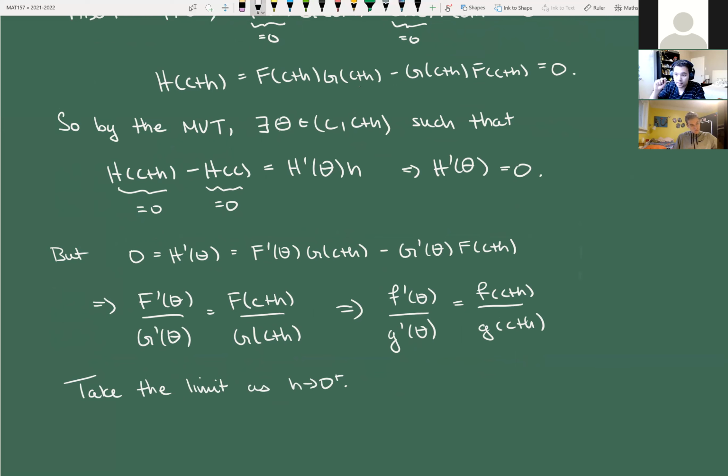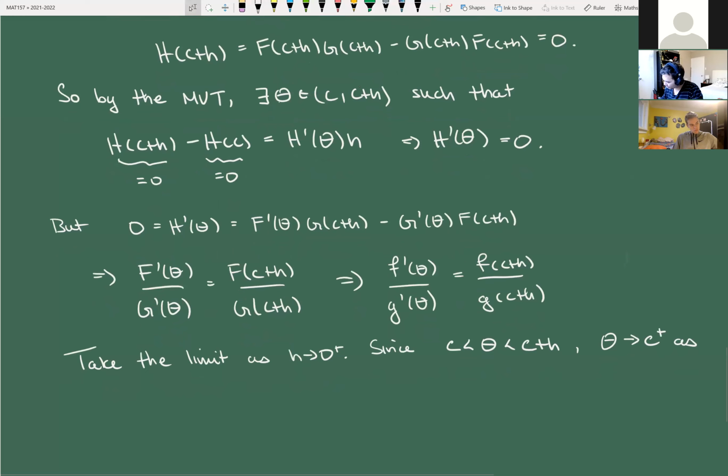But note that because theta is in the interval C, C plus H, that also forces theta to go to, oops, or rather, theta to go to C. All right, so we have C is less than theta is less than C plus H. So by a squeeze theorem sort of argument, if H goes to 0, then theta must go to C. So theta approaches C from the right as H approaches 0.